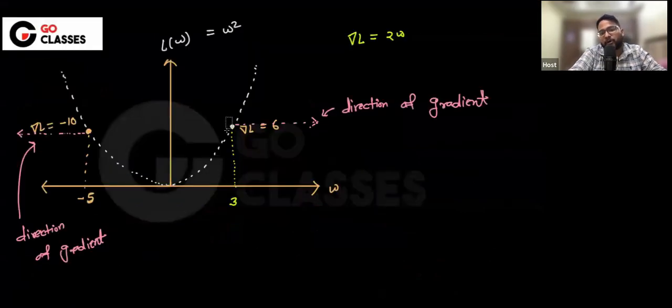Given this point, in how many directions can you go where your parameter can change your loss function? Only two directions, right? Either you can go right or you can go left, because there is only one parameter.